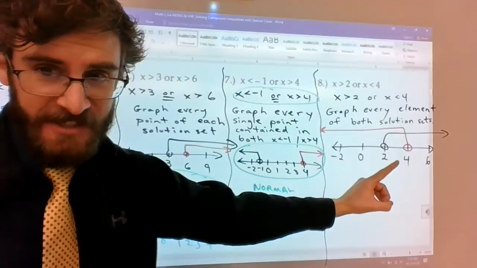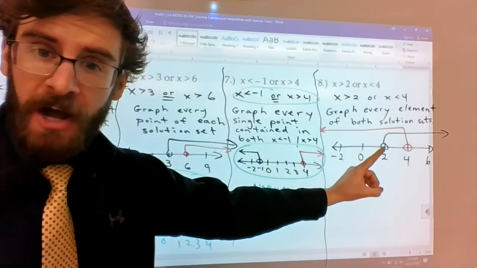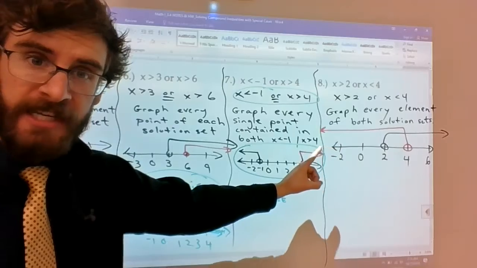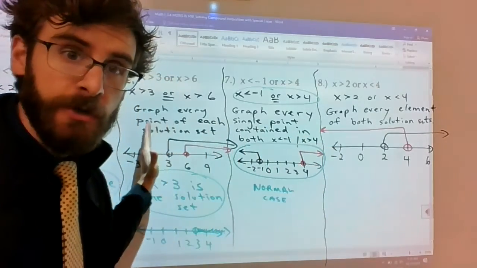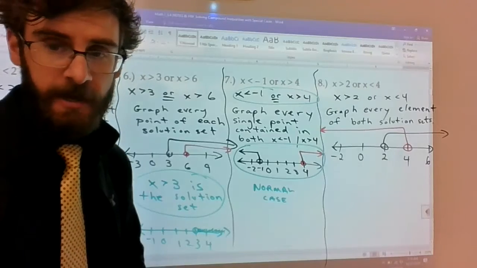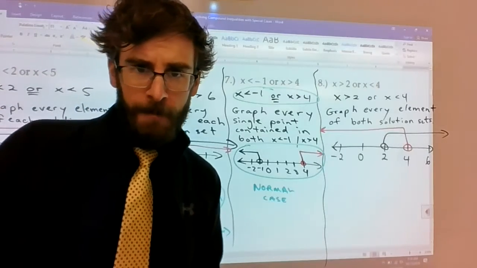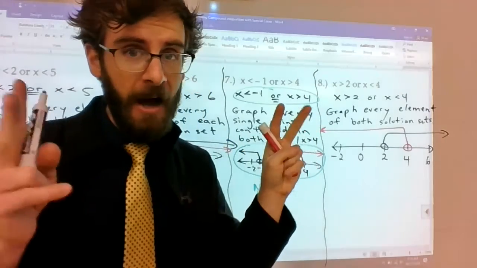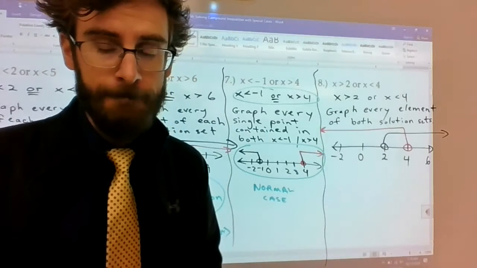For x is less than 4, we're talking, again, all of these points, but then you've got 0, -1, -2, -2.3, -5, all the way to negative infinite values. Those are also a part of the solution set. So it basically is like everything from negative infinity to positive infinity is included in this solution set.